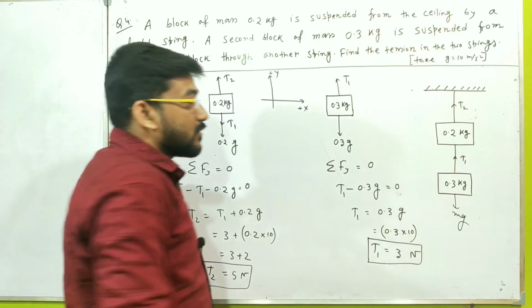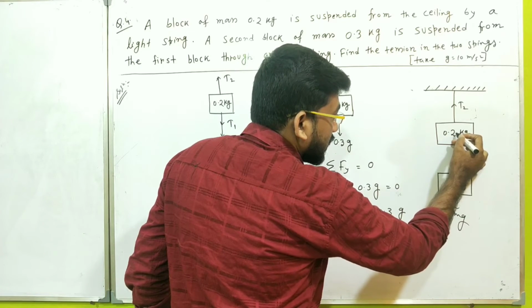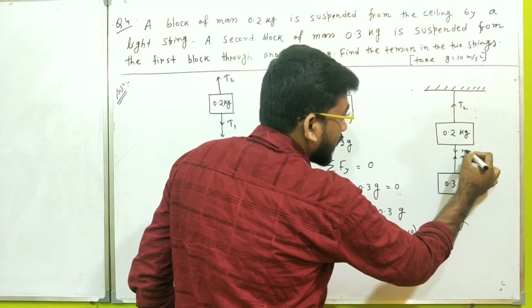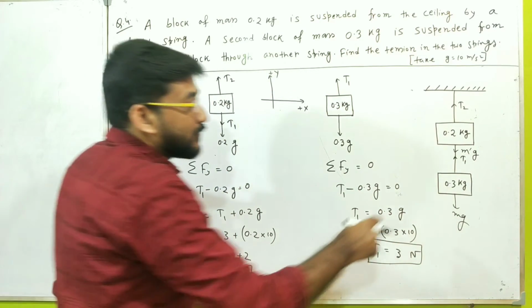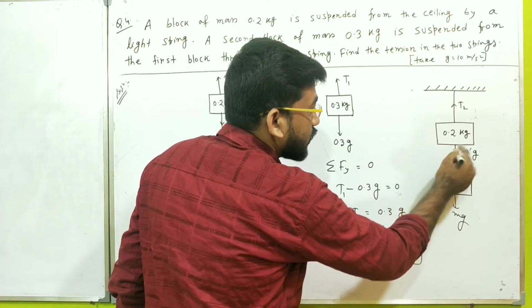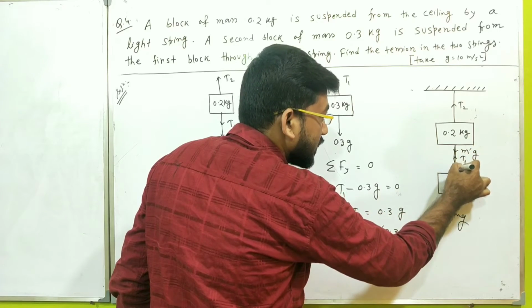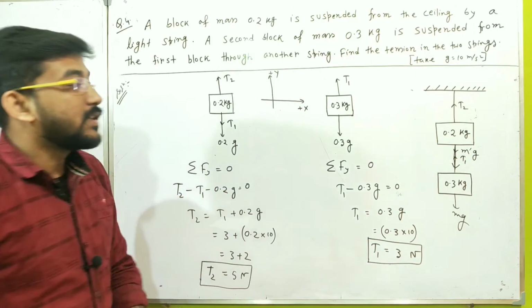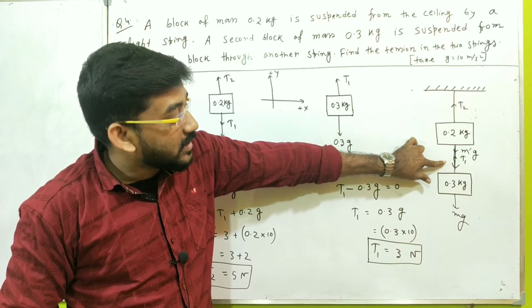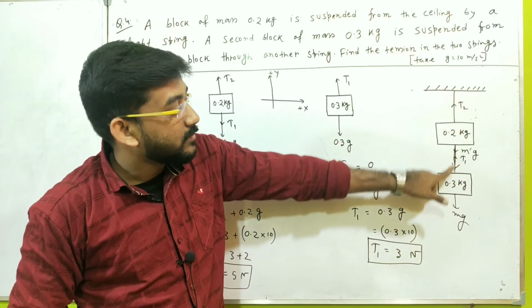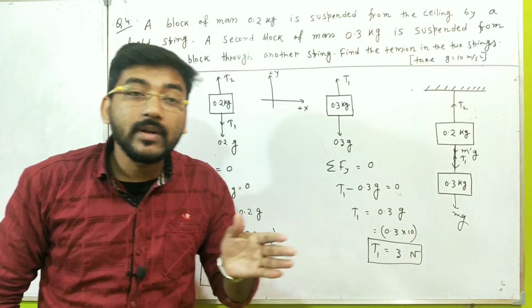Why? Because one is due to its mass, m dash g, which is in downward direction, and another force is the tensional force that will be away from this object, which is in downward direction. So now the T1 on the 0.2 kg is in the downward direction, but the T1 on the 0.3 kg is in upward direction, because always the tensional force will be away from the object.